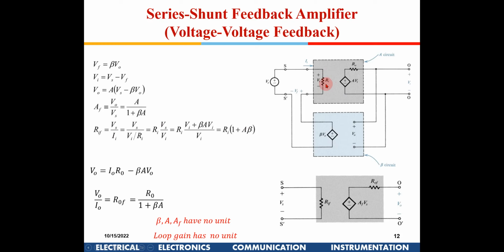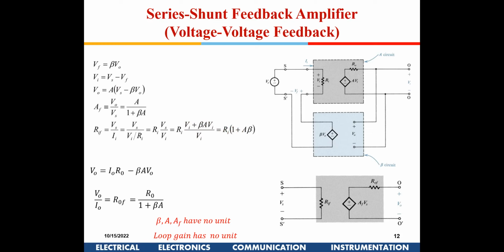Now we need to find out what it has become after feedback. Vi is the voltage across Ri. So I write Vs by Vi, and Vs we found from that equation, so Vs equals Vi plus beta A Vi. So I get RIF equal to Ri times (1 plus A beta).